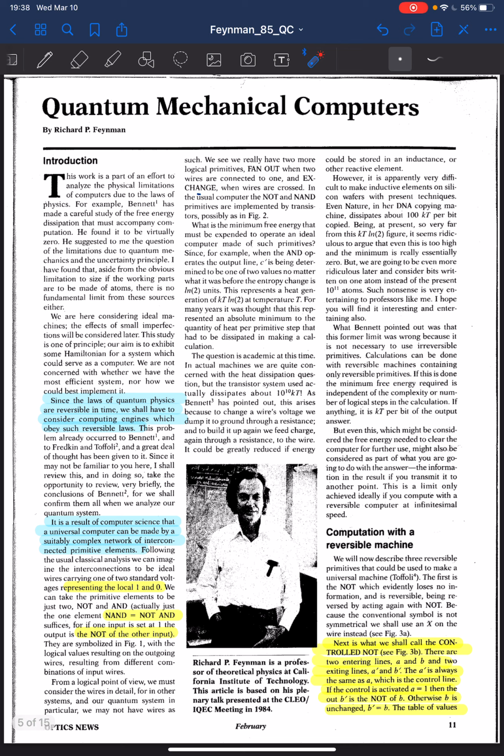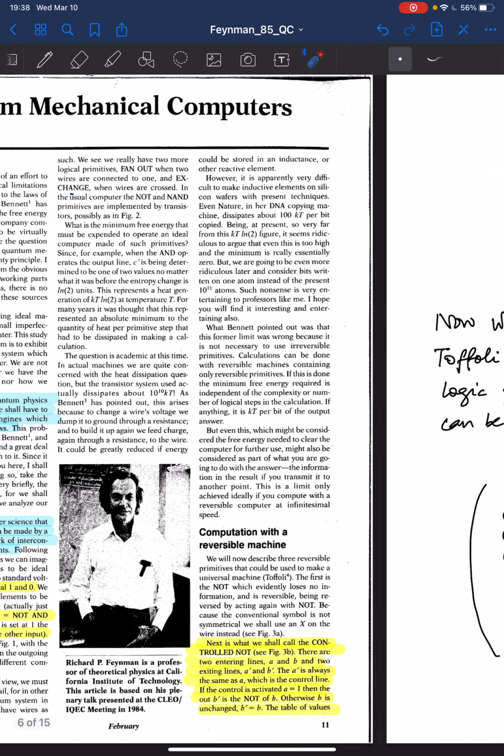So this is exactly what we talked about, that they are the same. A and A prime is always the same. A prime is always the same as A, which is known as the control line. If the control is activated, at A is equal to 1, then the output B prime is not B. That is, it's just opposite of B. So if the control line is high, then B is flipped. Otherwise, it is not flipped.